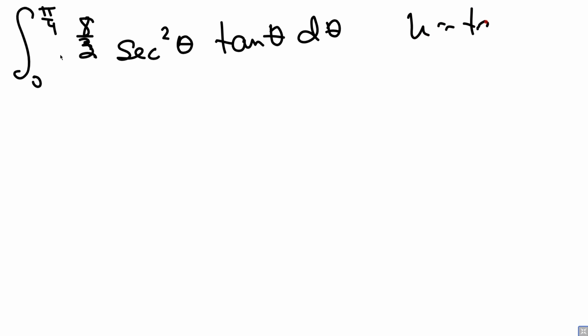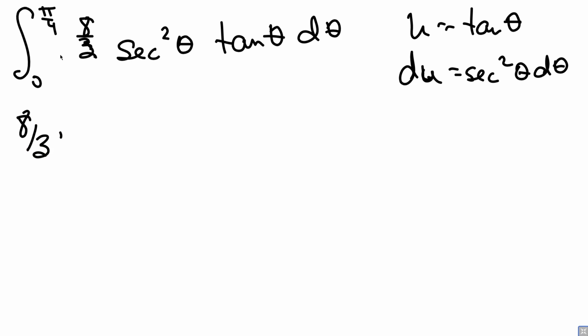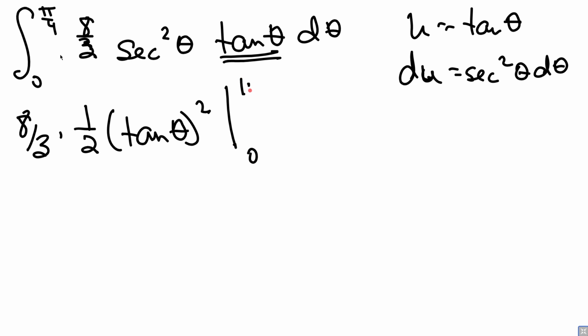So u is going to be the tangent of theta, so du will be secant squared theta d theta. Everything's there, so it's ready to go. Now, 8/3 is a constant times the antiderivative of u, which is 1/2 u squared, and we evaluate that from 0 to pi over 4.